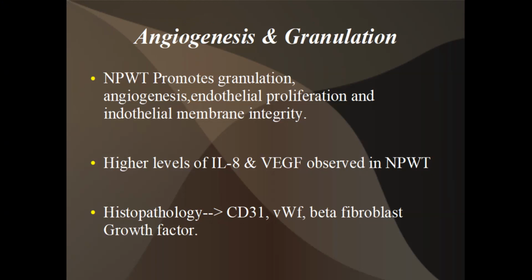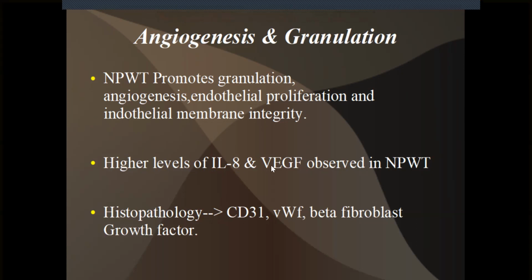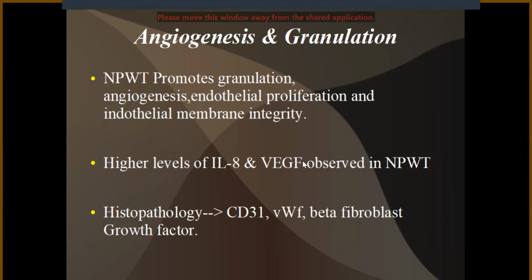In 2 studies with histochemical analysis, they found that higher levels of interleukin 8 and vascular endothelial growth factor were isolated from those wounds which were treated with negative pressure wound therapy.